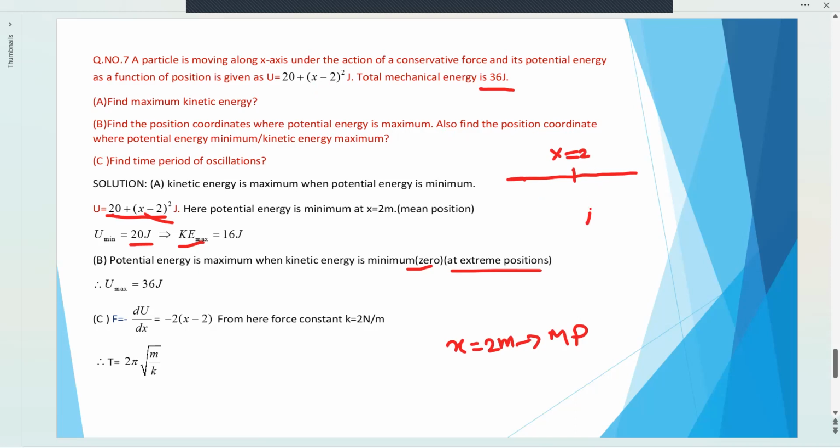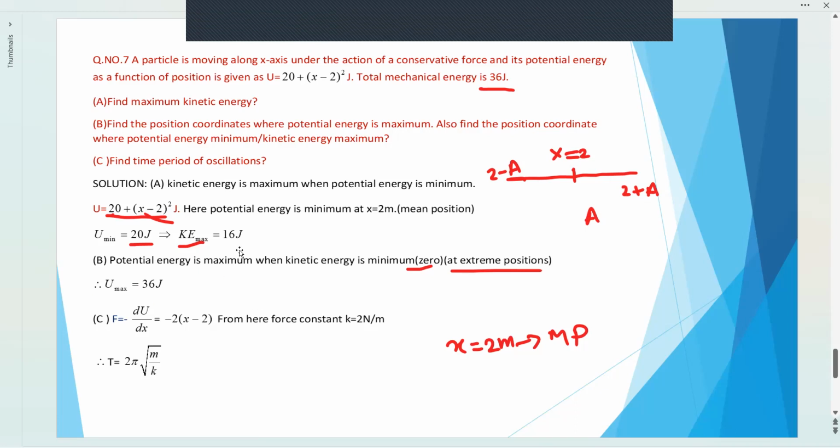Suppose the amplitude is A, then one coordinate becomes 2 plus A. The other coordinate, the left extreme, becomes 2 minus A. Those are the coordinates where potential energy is maximum. Right. Now see the last one.